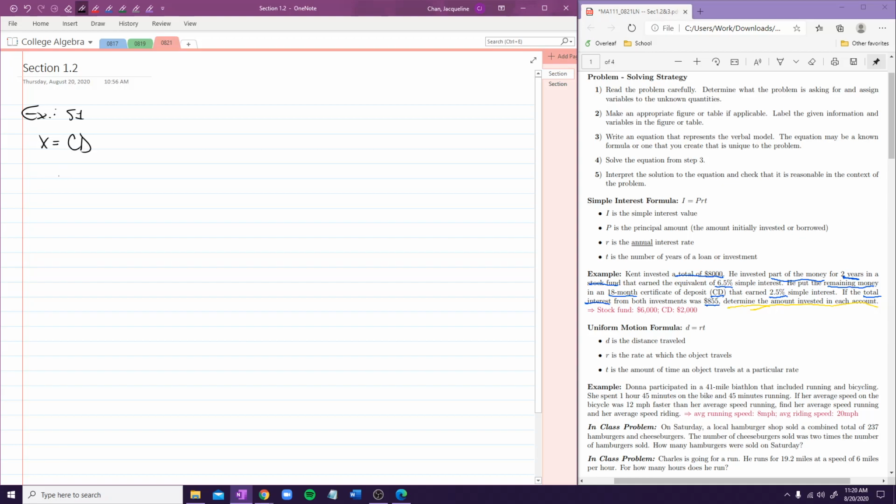Right? So let's make a table. We're given the principal. So I'm going to label this CD. SF is for stock fund, and then this is total.